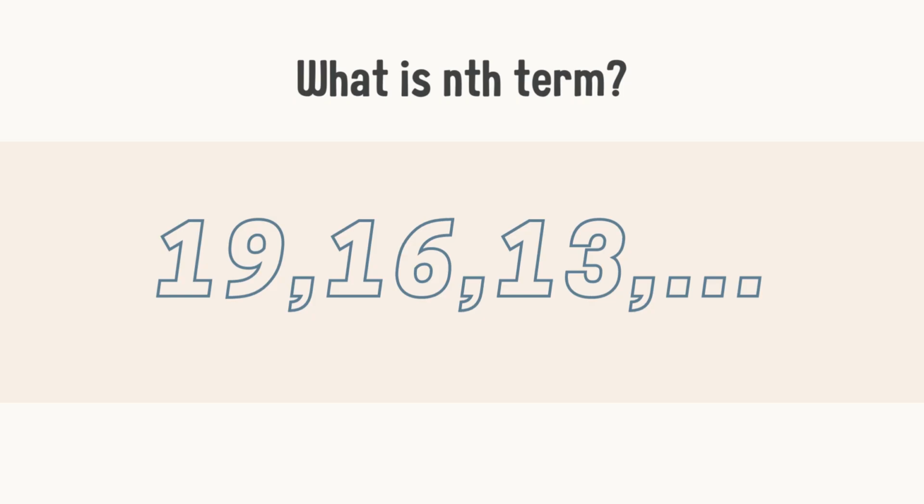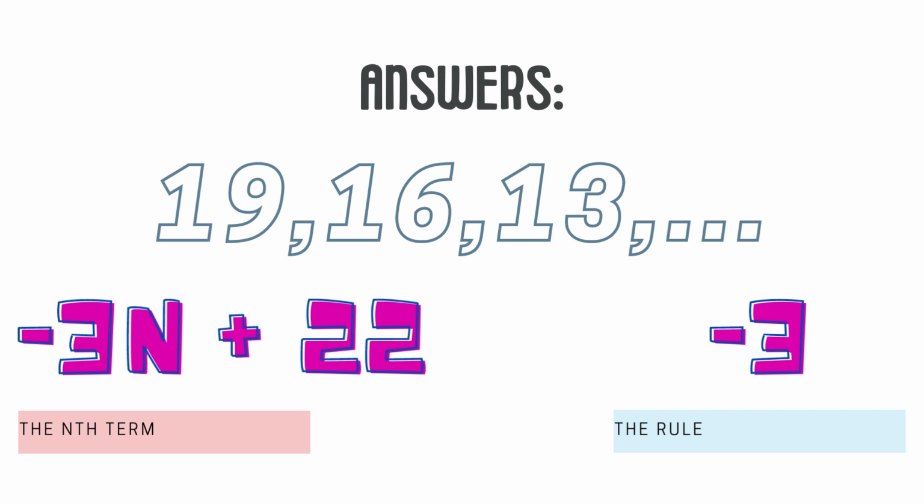The last exercise. What is the n term of this number sequence? Done? Now we will go to the answer page. The result of the first step, which is the rule, is minus 3, right?